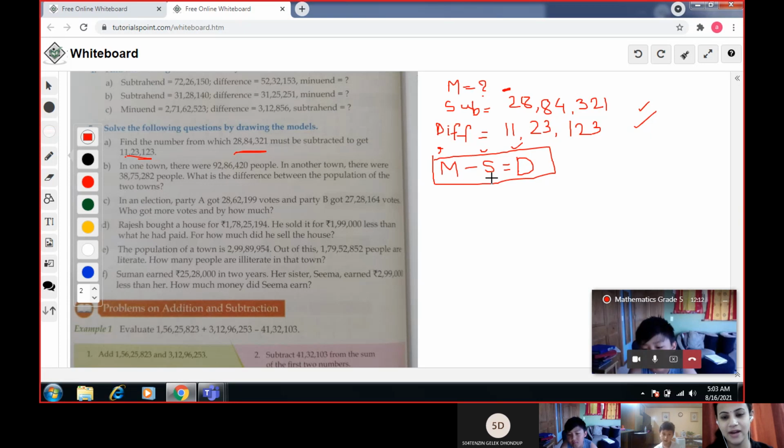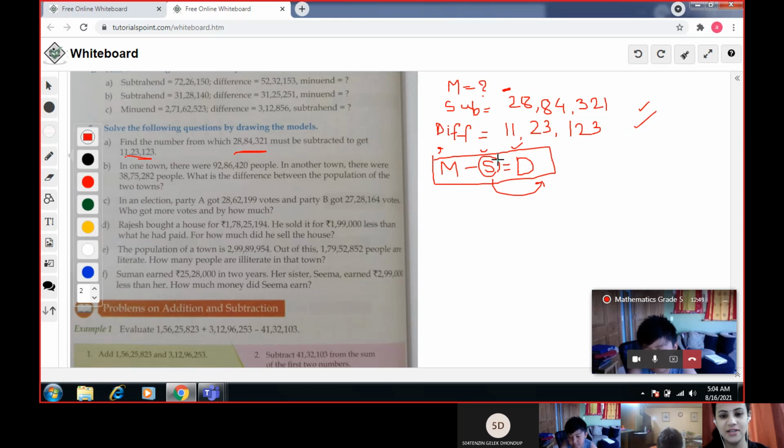Suppose here subtrahend is given and difference is given. So we will bring this subtrahend to the right side of the equals sign. And what is the rule? I have told you the rule that whenever we are shifting any number from the left side to the right side of the equals sign, or from the right side to the left side, the sign always changes.